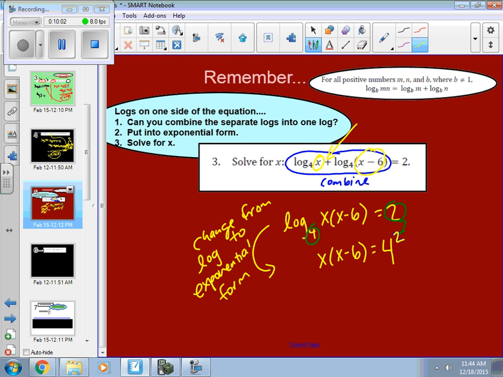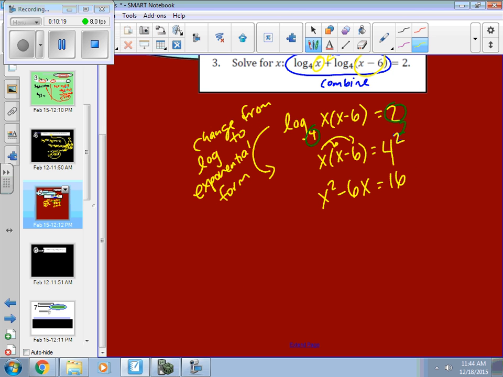Now this isn't a typical equation we look to solve a lot, but do what you know and see what you get. 4 squared, 4 times 4, is 16 on the right side. On the left side, it looks like we have some distributing to do. Now we have to figure out how to keep solving what we have here. We're not going to be able to add 6 and take the square root here because then we have an x on the right side we're trying to take the square root of.